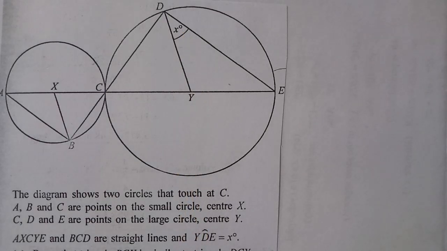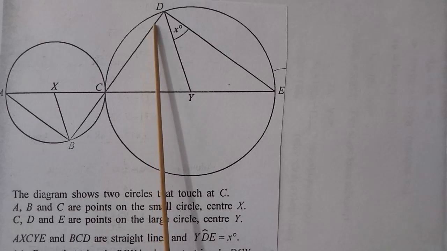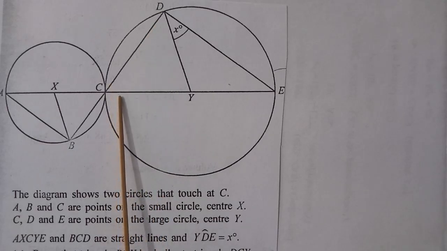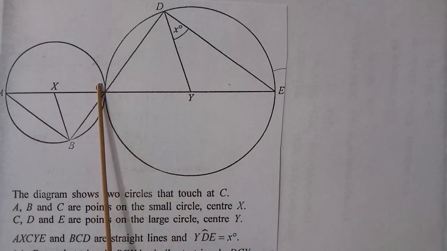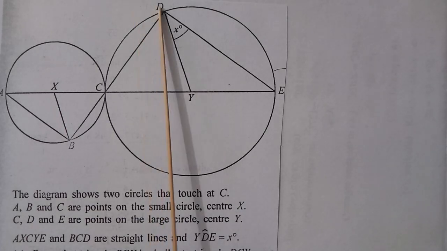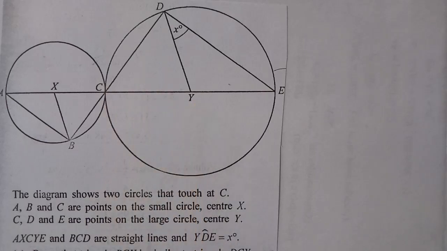And you know, this triangle CDY is an isosceles triangle, so these two angles, the angle DCY and the angle CDY, would be equal in measurement. So we are justified to say the angle DCY is equal to 90 minus x.